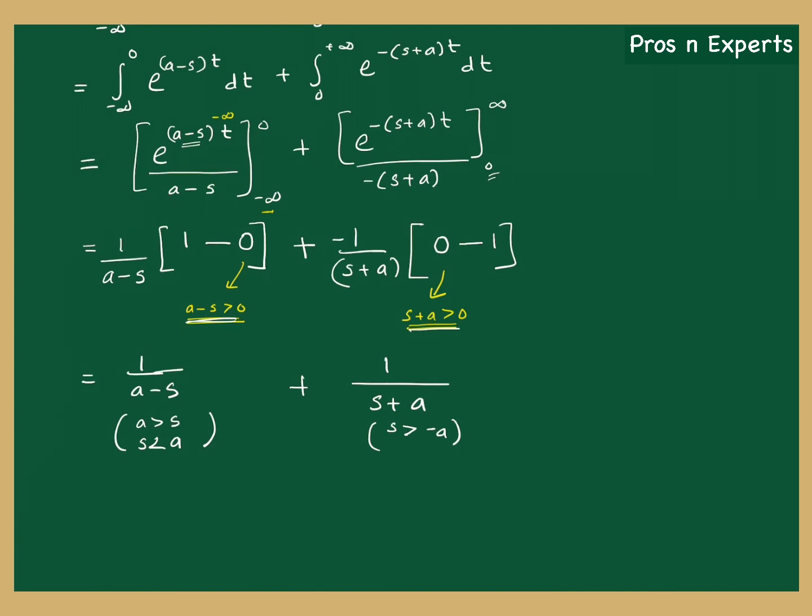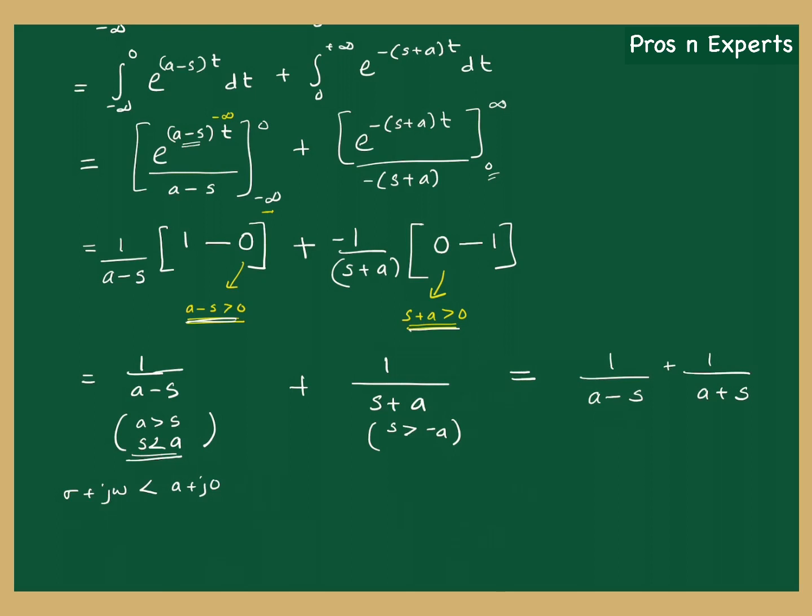Okay, so the final answer, the Laplace transform of e raised to minus a mod t, is nothing but 1 by a minus s plus 1 by a plus s. And here, what is s less than a? S is a complex frequency given by sigma plus j omega, and a is a real value. The question is clearly given with a as a real value, so I can write a plus j0, its imaginary part is 0.